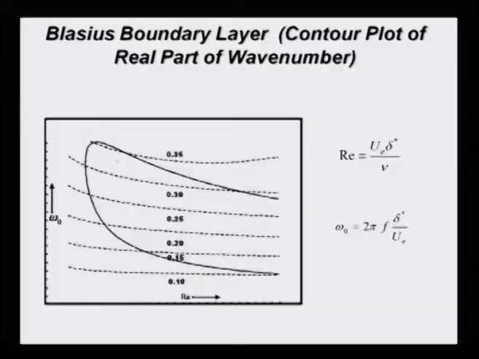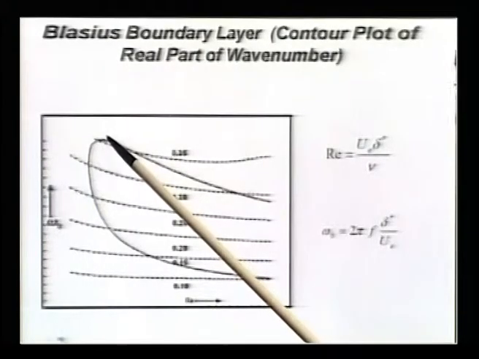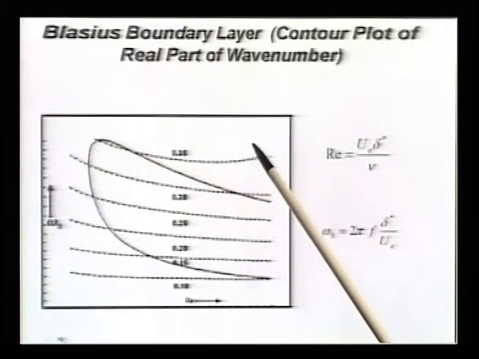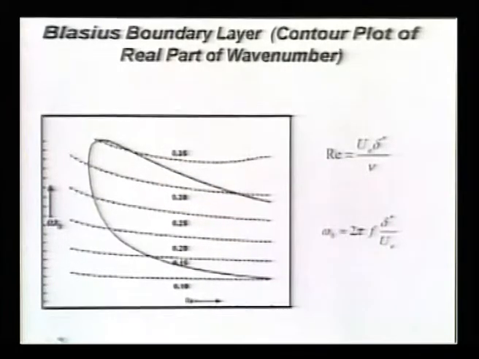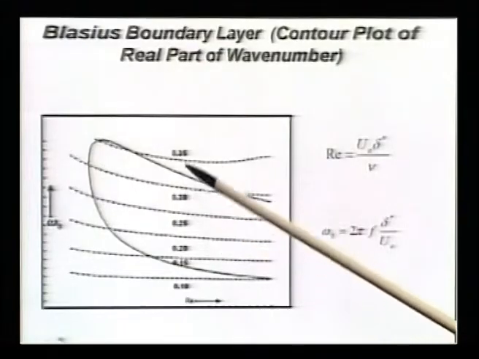Now, let us also look at one particular aspect, which is the tip of this curve. If I look at the tip of this curve, the corresponding alpha r value is roughly around 0.35 to 0.36. What does that mean? Alpha r is the wave number, that is 2 pi by lambda, and this alpha r is increasing.